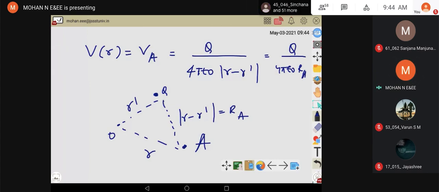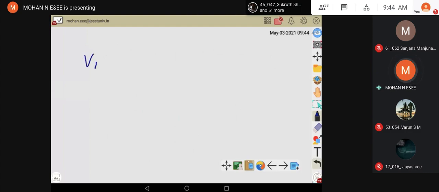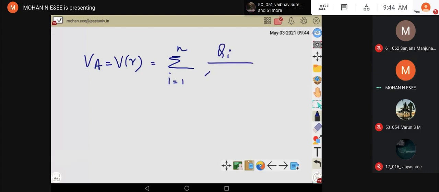And if you have more charges like that, that also we have discussed. So VA is equal to V of R, that is equal to the summation from i equals 1 to N of Qi by 4 pi epsilon naught times modulus of R minus Ri. This goes on increasing.